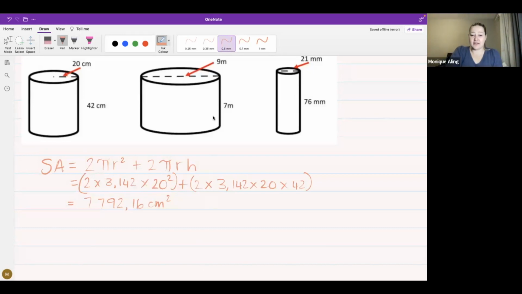Those of you that did not get this answer, please check that you've substituted the correct numbers in and that you're timesing when you need to be timesing. The only time you are adding is over here in the middle. And like I said, with surface area and volume, don't be afraid if you get big numbers. Nice.